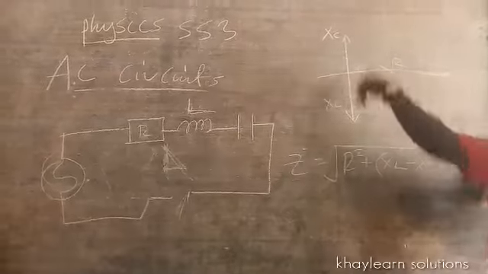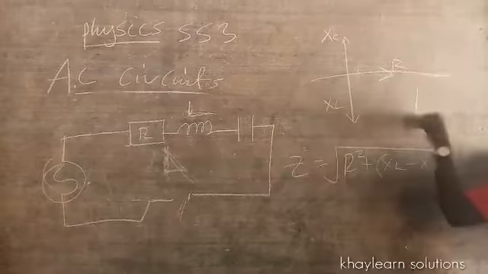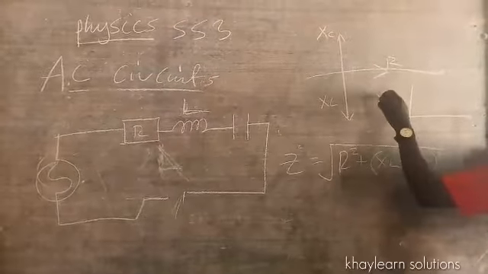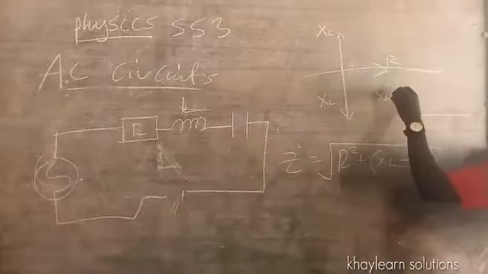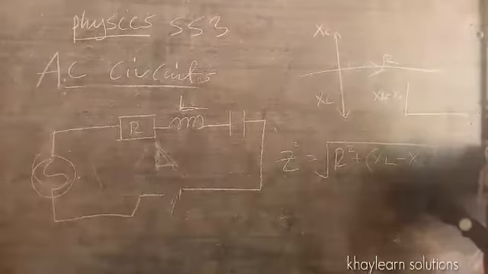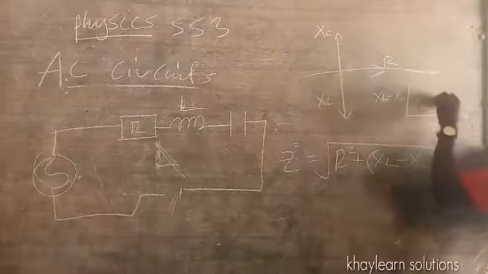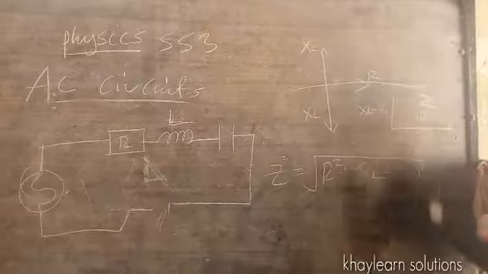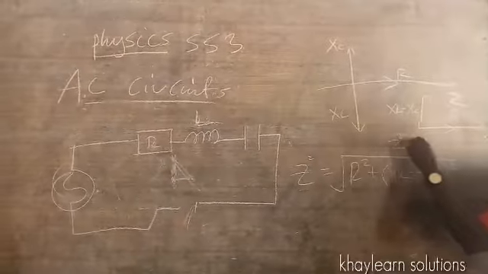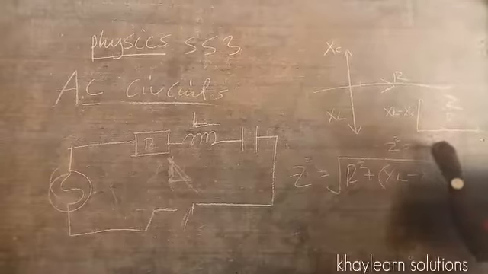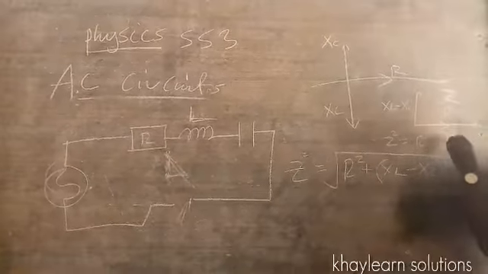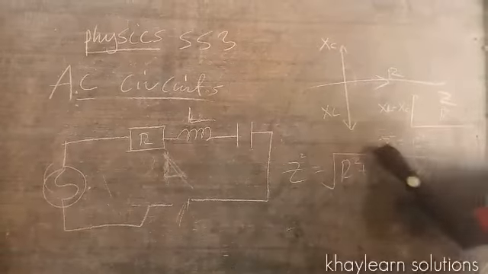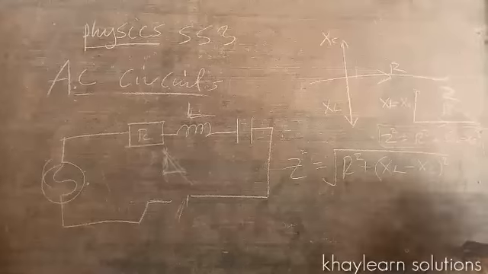Since the two of them are in opposite directions, we have XL minus XC, and R here. So the total of them, or their resultant, is called the total impedance, where Z squared equals R squared plus (XL minus XC) squared.